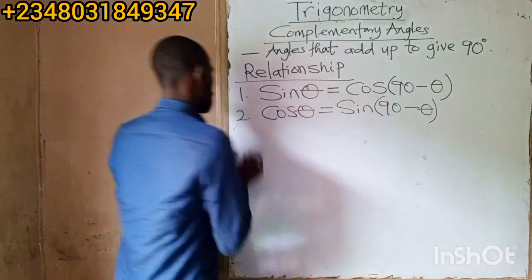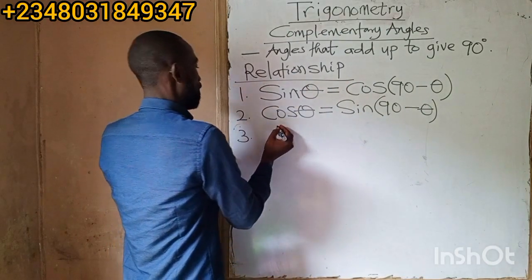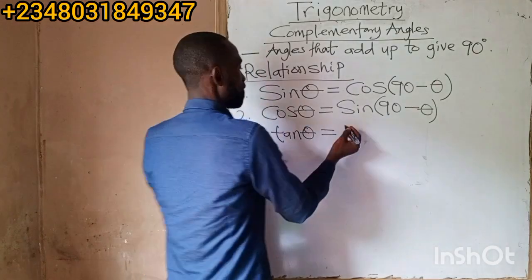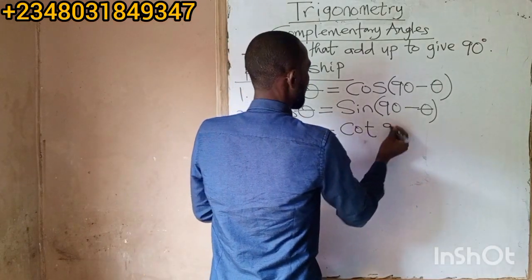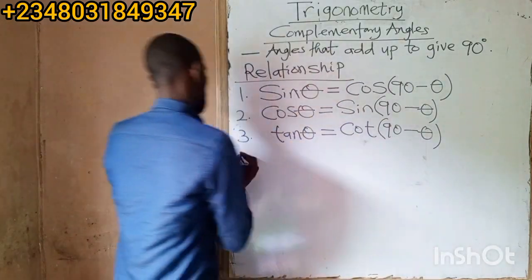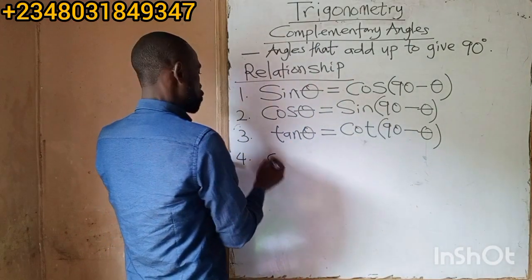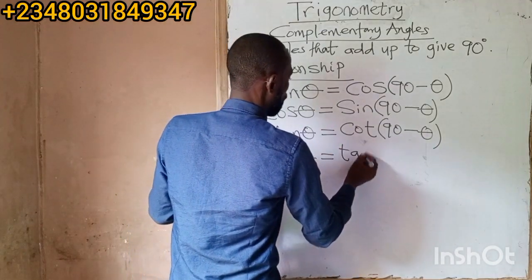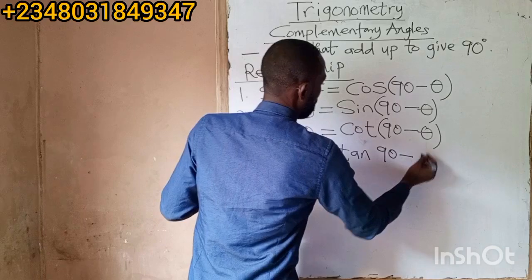Third one, for every tan something, we must have cot of 90 minus that thing. And the fourth one, for every cot something, we must have tan of 90 minus that thing.